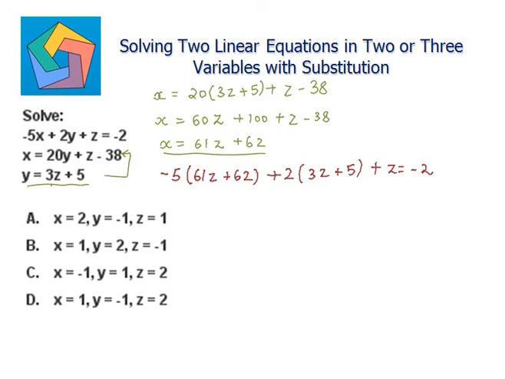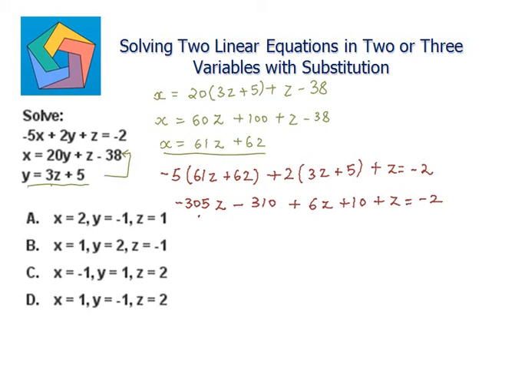So 5 times 61 is 305. So this is negative 305z, minus 5 times 62 is 310, plus 2 times 3z is 6z, plus 2 times 5 is 10, plus z is equal to negative 2.